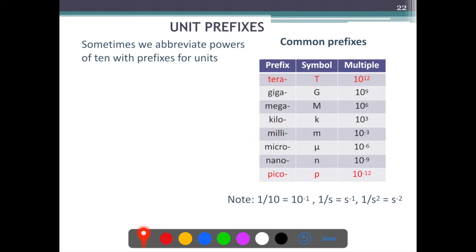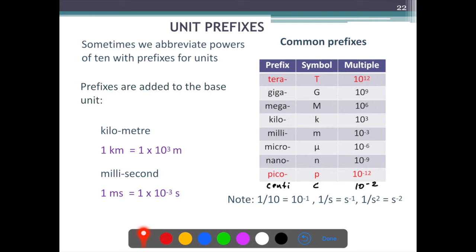Milli, which has a symbol of small m, and that's 10 to the minus 3, or 1 over 1,000. There's one here that's sort of missing, which is also common, which is the centi, abbreviated by small c, and that's 10 to the minus 2, or 1 over 100.